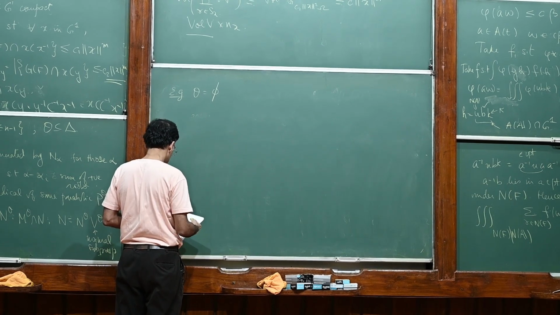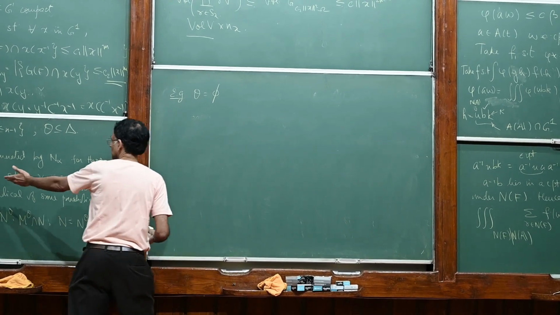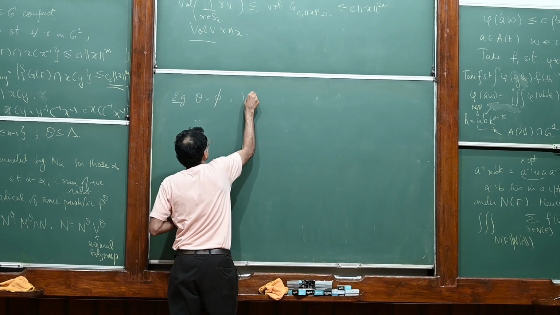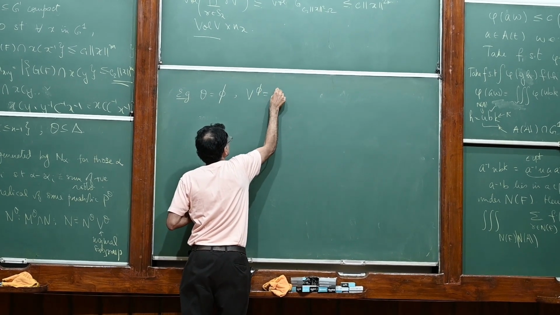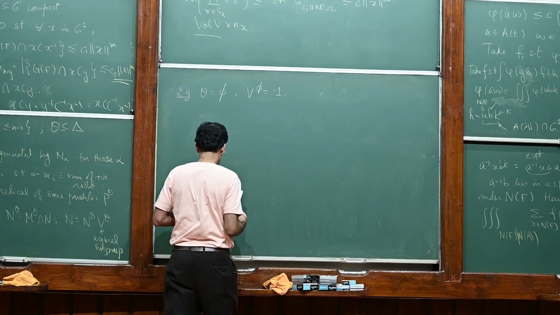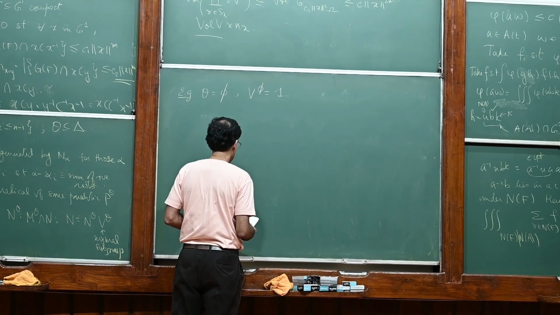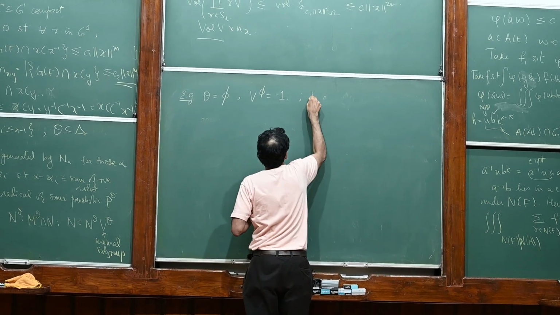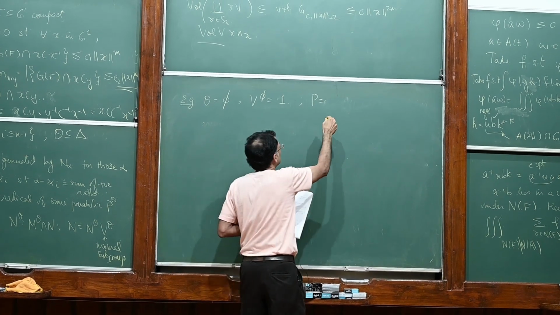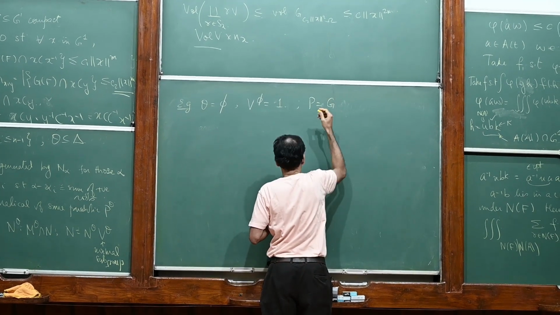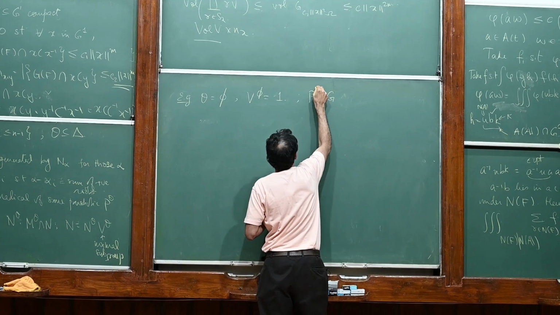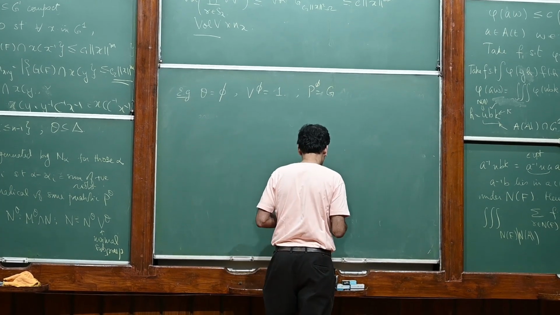In that case, obviously, there is nothing in V theta, so this is going to be 1, and P will be equal to G, because the unipotent radical is just 1.